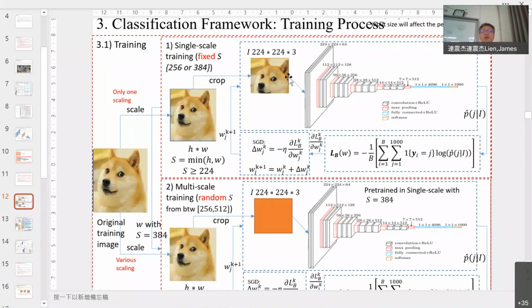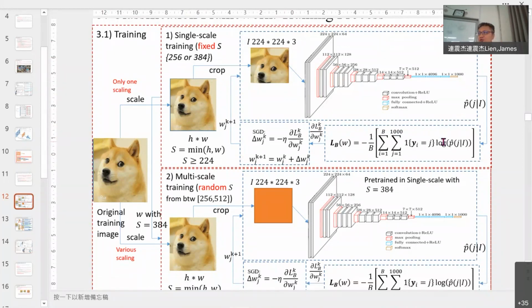You input three times and you get three results. Then they average the results, and that becomes your final result. They prove this result is better than only one image input, I mean for the training.